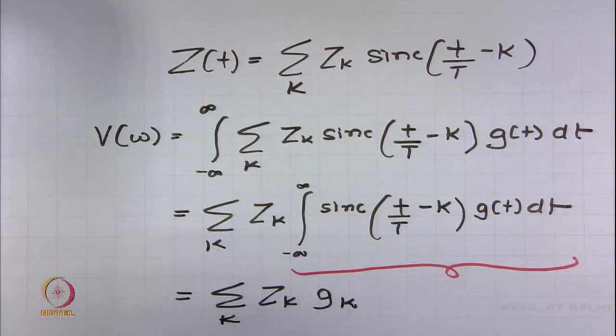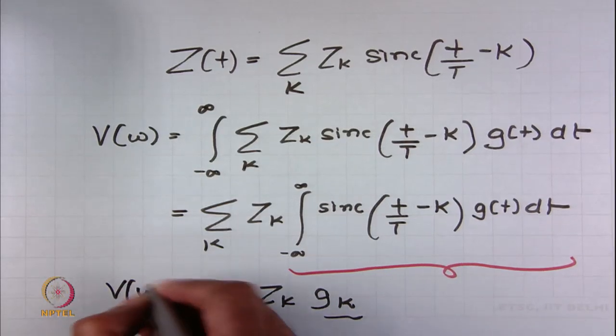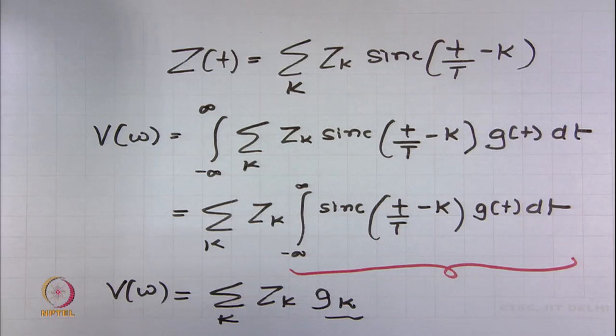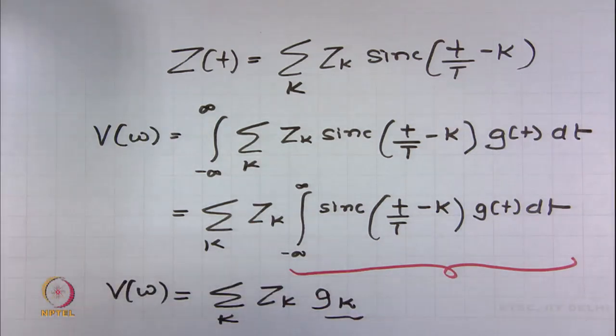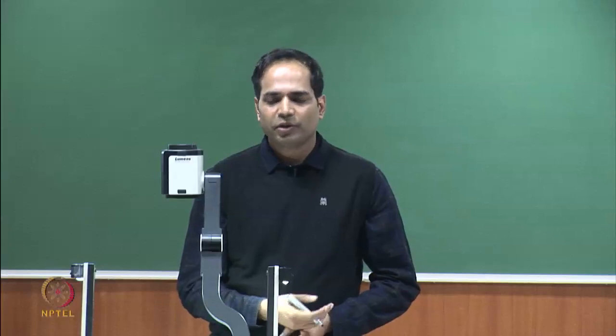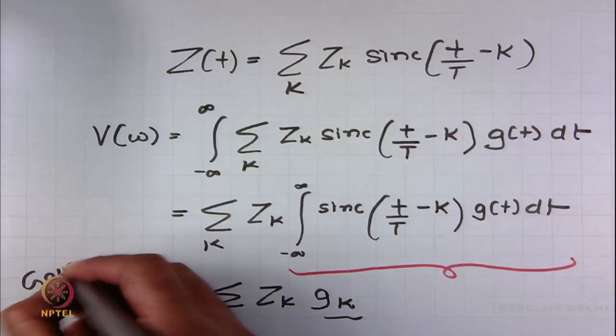So, it is a function of g(t), and it is a function of k. Now, g_k is a real number, some real number depending on the value of k. So, what you end up with is a linear combination of independent Gaussian random variables, and we have seen that a linear combination of independent Gaussian random variables leads to a Gaussian random variable. So, V omega is a Gaussian random variable.